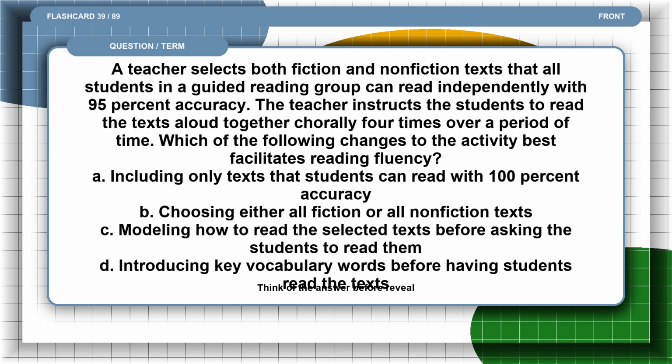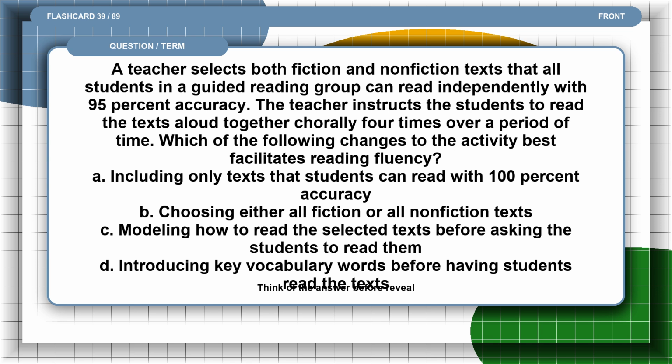Flashcard 39. A teacher selects both fiction and non-fiction texts that all students in a guided reading group can read independently with 95% accuracy. The teacher instructs the students to read the texts aloud together chorally 4 times over a period of time. Which of the following changes to the activity best facilitates reading fluency?